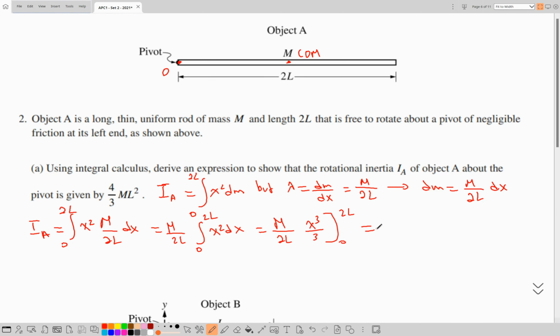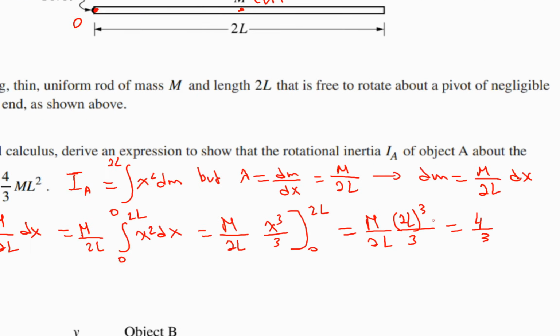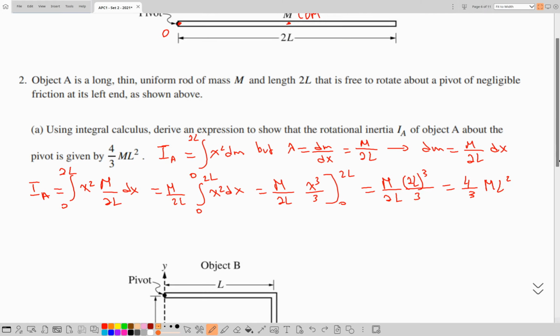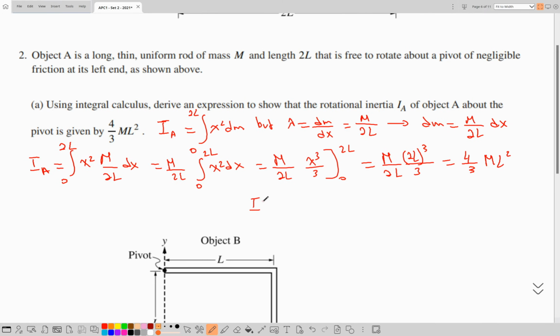You can ignore the 0. That would be M divided by 2L times (2L)³ divided by 3, and that would be 8 over 2, which is 4, and L³ over L would be L². Then the rotational inertia about the point A is given by 4/3 mL².